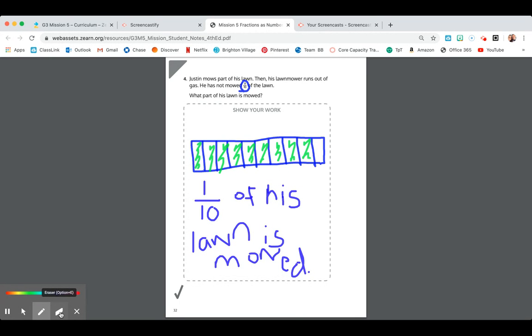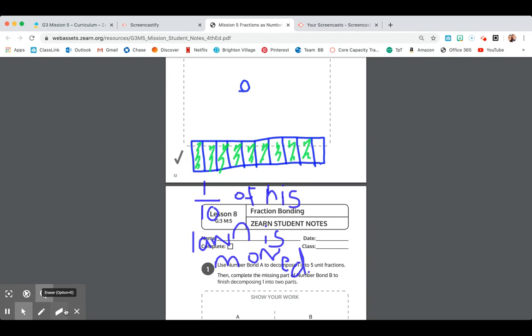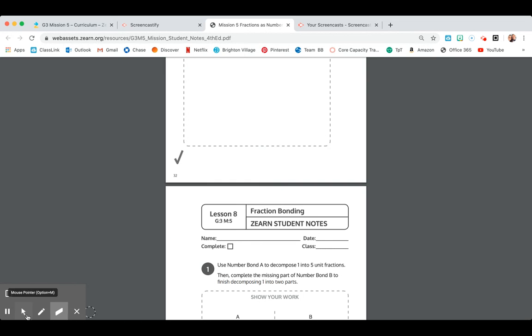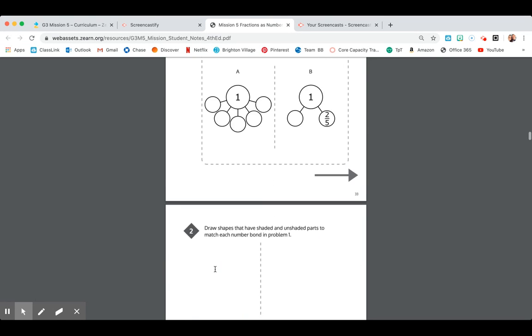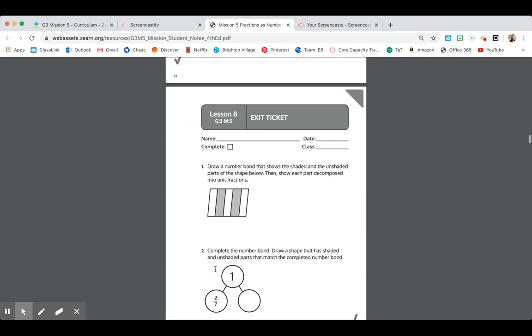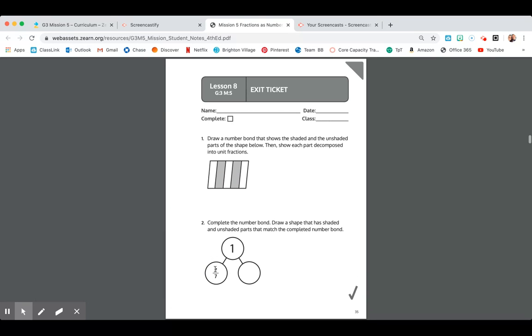So looking at that, you can always rewind, but I'm going to erase the screen so we can go down to lesson 8, exit ticket. We've already completed the notes with the math chat. Number 1 says, draw a number bond that shows the shaded and unshaded parts in the shape below. Then show each part decomposed into unit fractions.